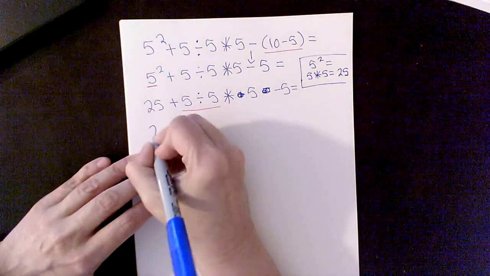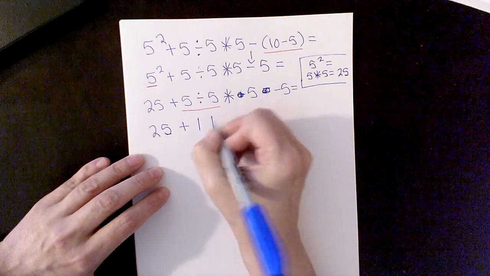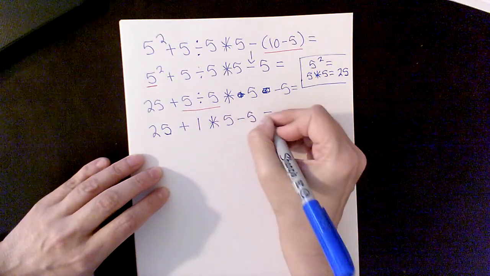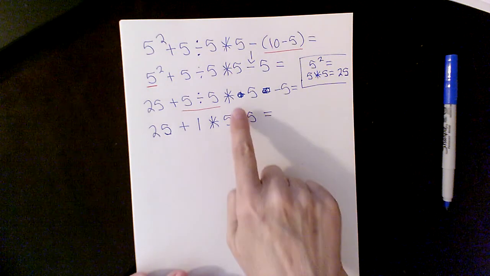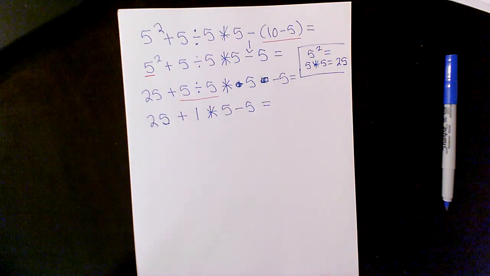Okay, so what's 5 divided by 5? That's 1. And remember to keep bringing everything down.